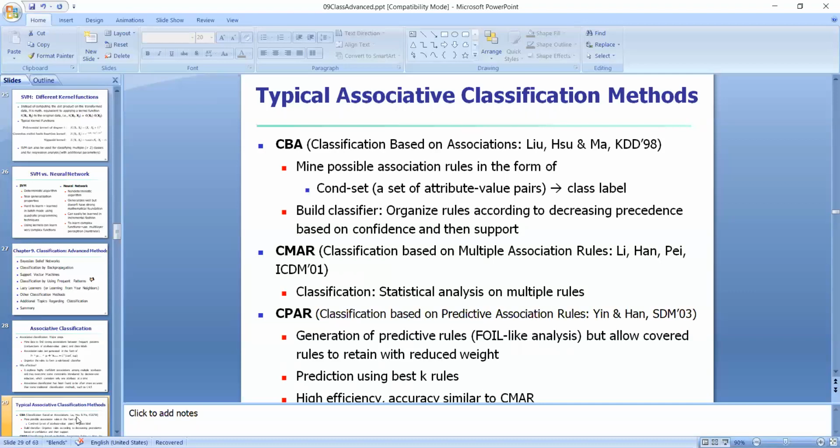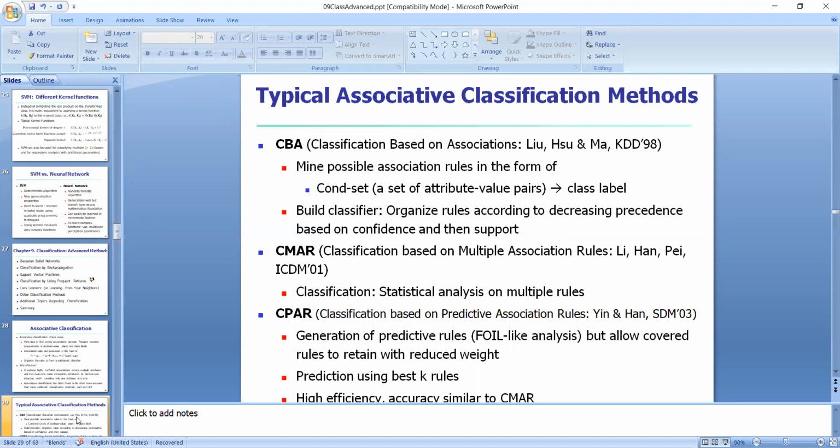When we are doing multiple passes on the data, we derive the frequent item sets. These frequent item sets are used to generate and test longer item sets. In general, the number of passes we need to make over the tuples is equal to the length of the longest rule found. Now the complete set of rules satisfying minimum confidence and minimum support thresholds are found and then analyzed for inclusion in the classifier.